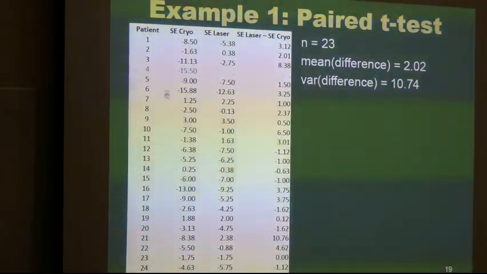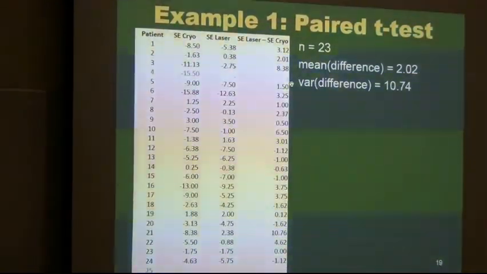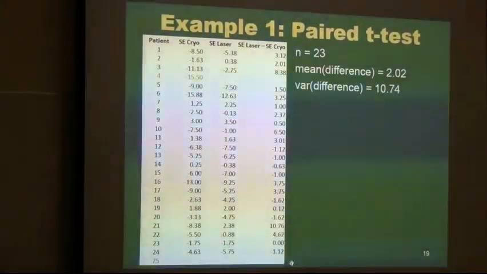Okay. Look at observation number 4. There's a missing value here, so we can't calculate the difference. Okay. And then 25, there are missing values for both treatments, so there's no difference. So for the purpose of this example, we would discard number 4 and number 25, so we end up with 23 observations.